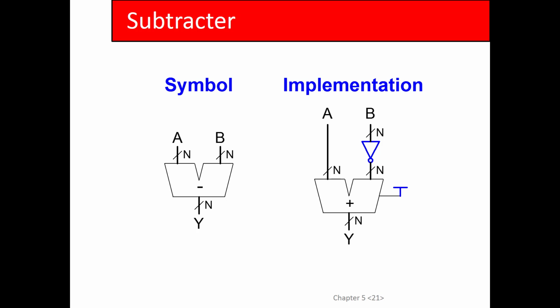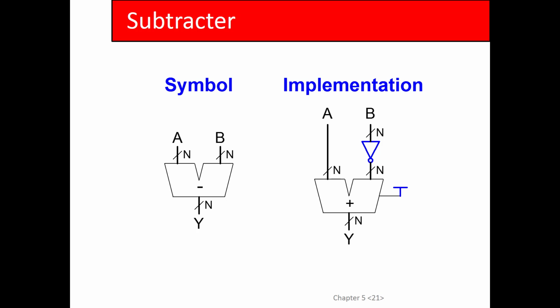You say A minus B is equal to A plus minus B. So you just negate B. How do you negate B? The 2's complement. You say A plus... 2's complement means you complement all the bits of B, right? And you add 1.